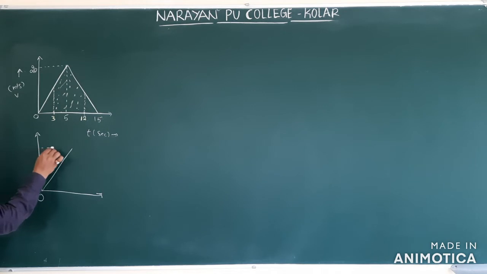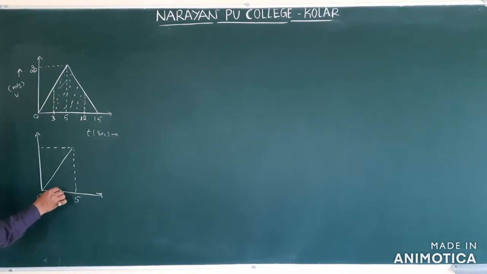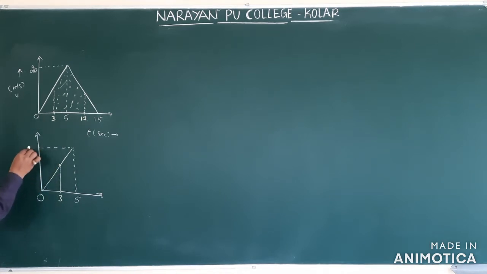So how much is this? 3 seconds. Correct? Here draw one line. Here this value is 20, this value is 5.